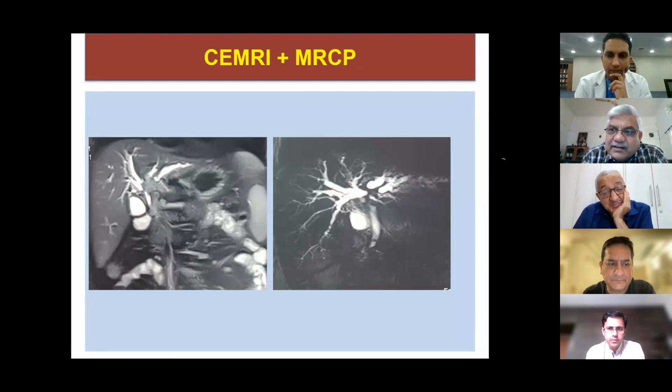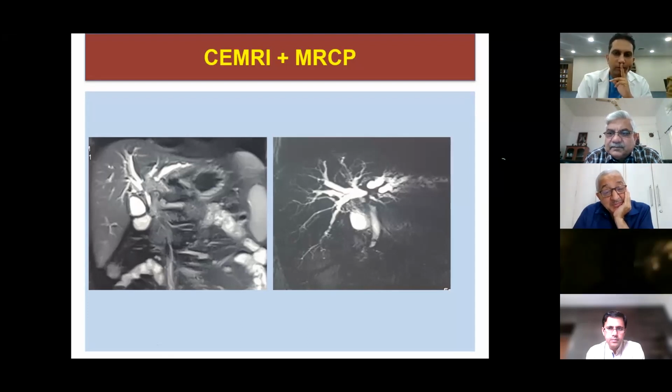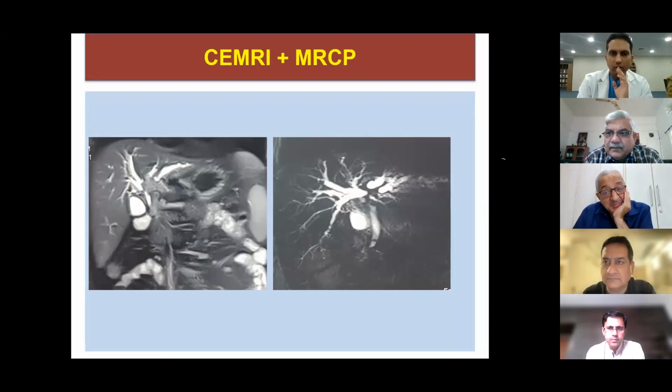Now, would you like to have an IgG4 in this case? The reason we went for IgG4 is that he's a young male who has come with a suspicious mass, with a short history of weight loss and asthenia, and with this picture.